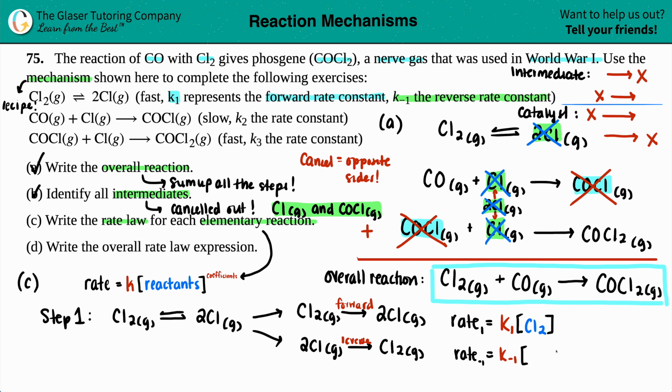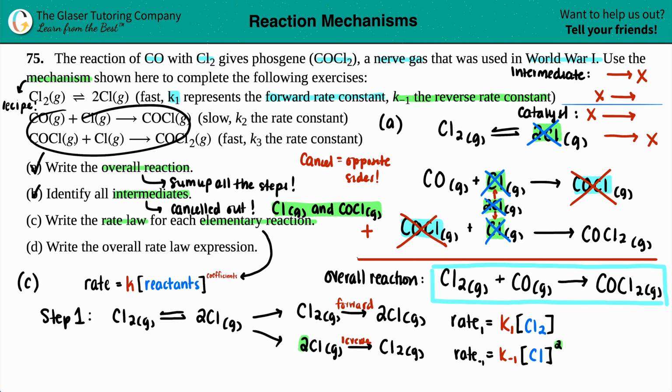And now this is times by the concentration of the reactants. Now I have the reactant of just Cl, but I can use my coefficients. There are 2 of them. So I use my coefficients. This will be raised to the second. And this is your 2 rate laws for the first step.